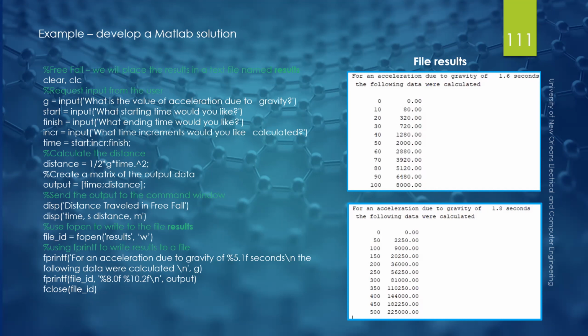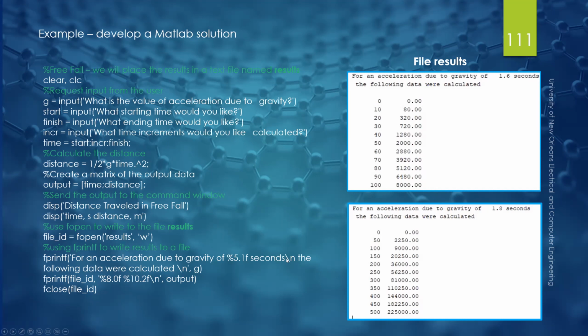The first thing in the file, in single quotes again, is: for an acceleration due to gravity of, with a placeholder of 5 characters and 1 decimal point, seconds. Whatever the result of G is, is what's going to be displayed.